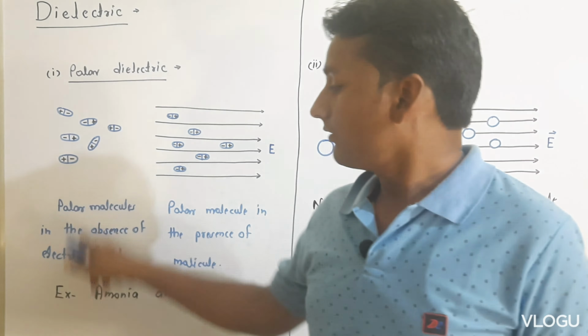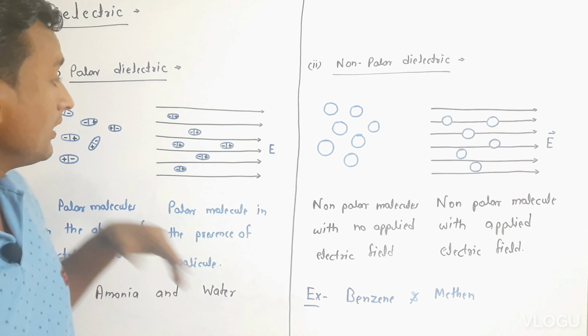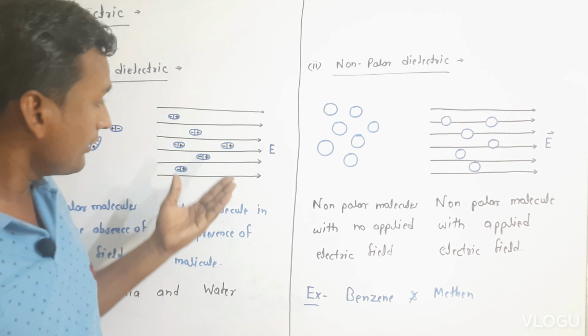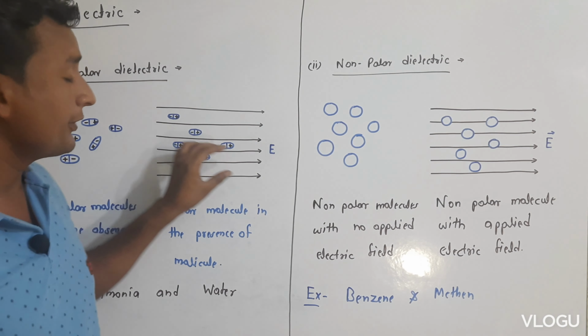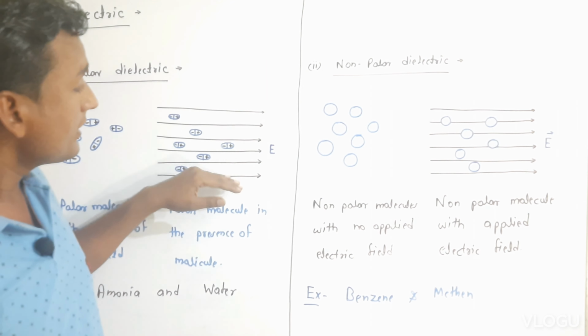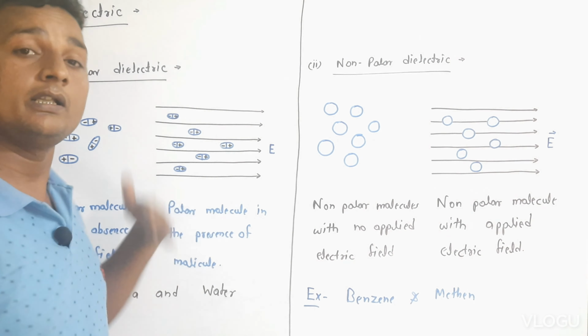But when we apply an external electric field to a polar dielectric material, the positive and negative centers of each polar molecule align in a definite direction. That is, positive centers are directed towards the electric field while negative centers are directed in the opposite direction.